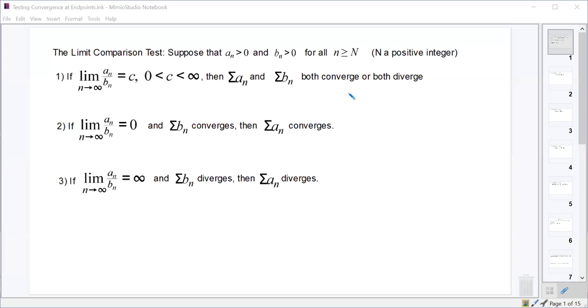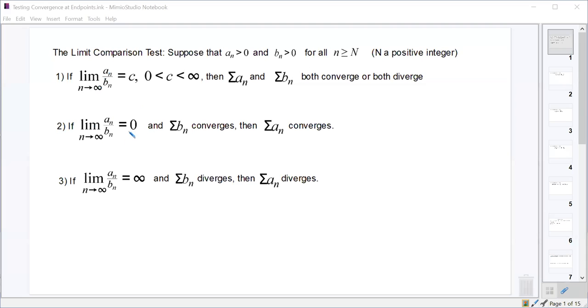So if you know that the one you're comparing to converges, then yours converges, or if the one you're comparing to diverges, then yours also diverges. Basically, what that limit is telling you is that the nth terms are increasing at basically the same rate.